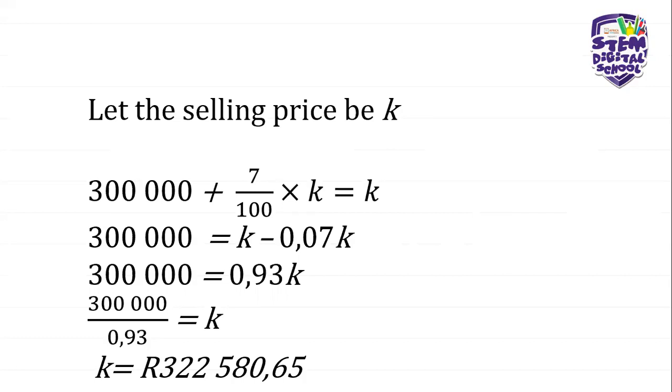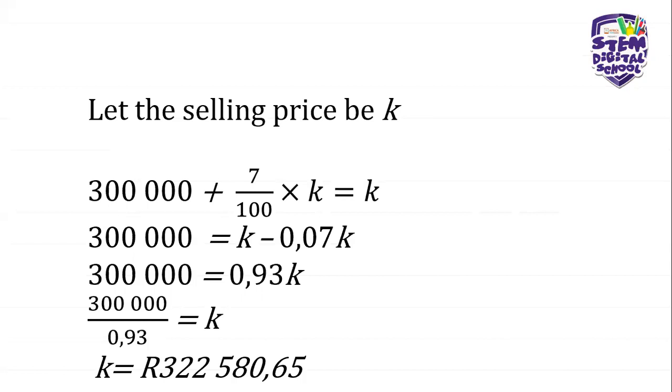So we are going to say, let the selling price be K. We usually use X, which is the most commonly used letter for any variable, but in this case, I've just chosen to use K for a difference.